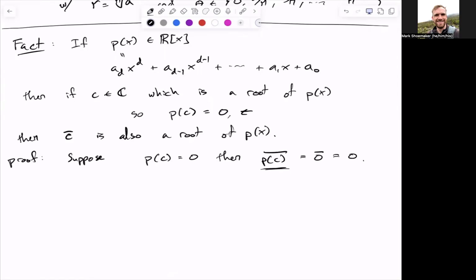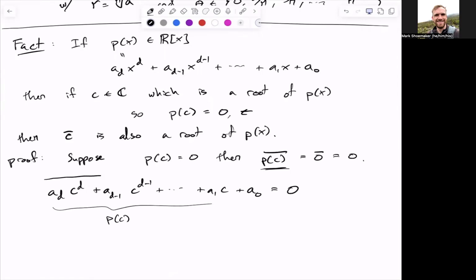So p of c is equal to a_d c to the d plus a_(d-1) c to the d minus 1, etc., plus a_1 c plus a_0. So this is p of c. And now if I conjugate it, I know that that has to also equal 0 by this equation.